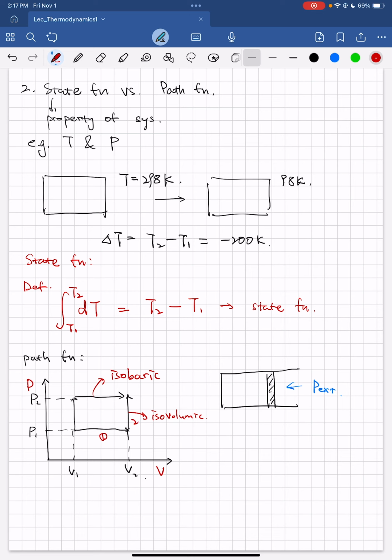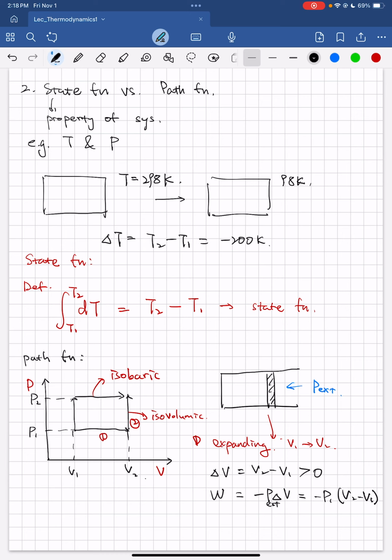So what we are doing in step 1 is expanding this piston from V1 to V2, and delta V equals V2 minus V1 is going to be a positive value, so the work done is going to be minus P delta V external, which is minus P1 V2 minus P1 V1.